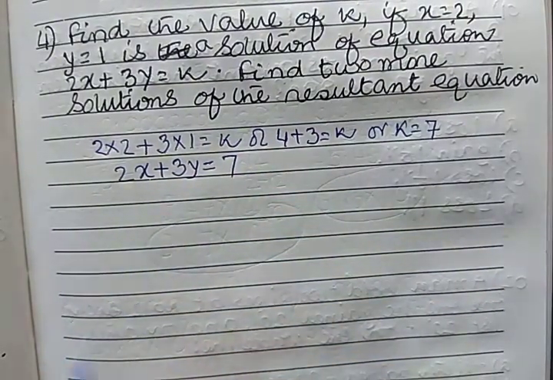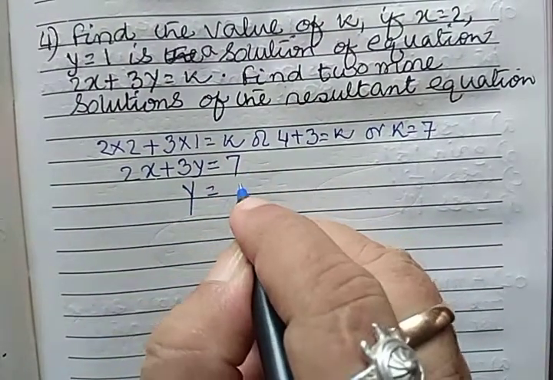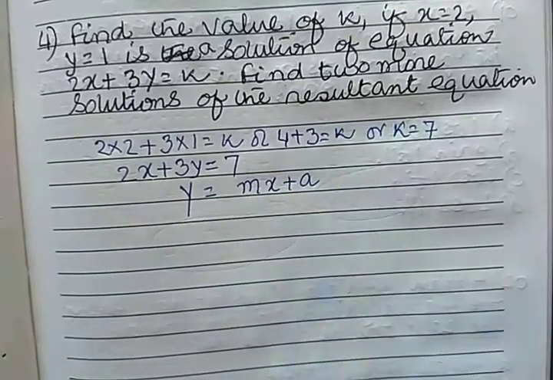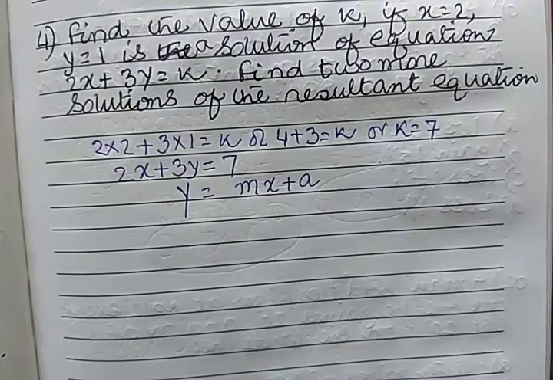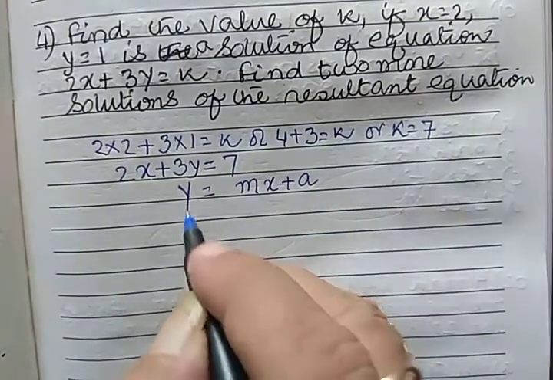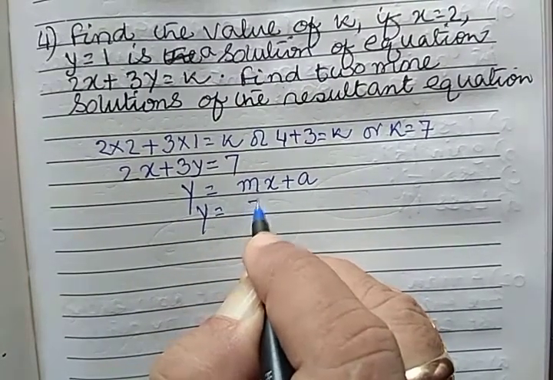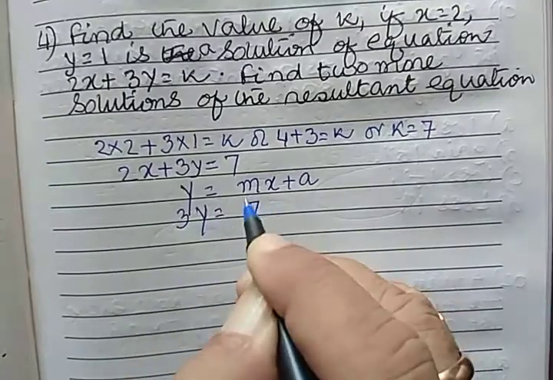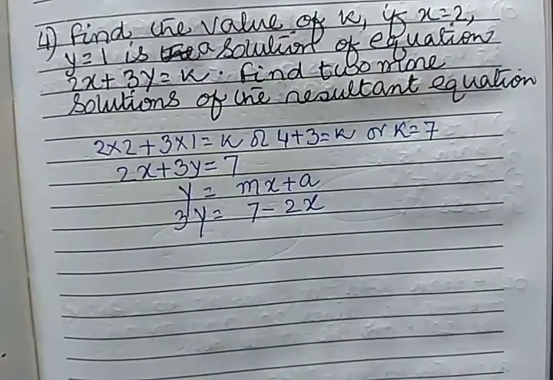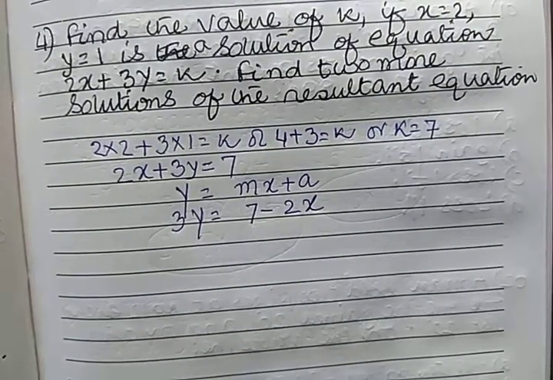What is the standard form? y = mx + a. So let us transfer this 2x to the other side. 3y = 7 - 2x. Clear?